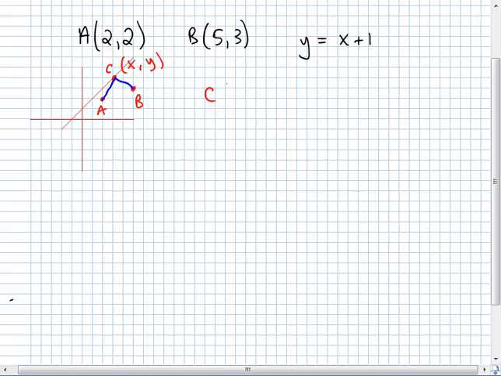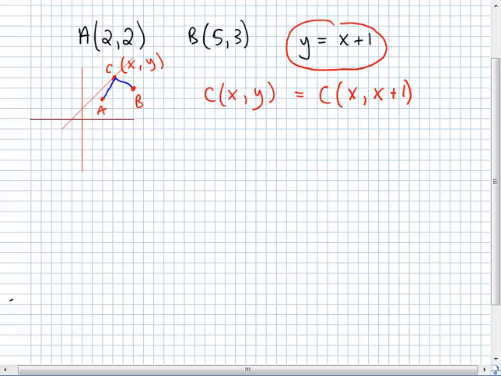So there's a point C along that line such that x and y are the coordinates, so that it's equidistant from A and B. But we can use this to eliminate one of those variables. In other words, I can write that C is going to be x and x plus 1, because y is equal to x plus 1, and go from there.